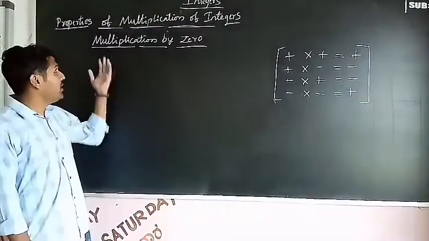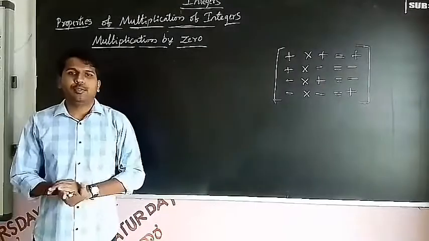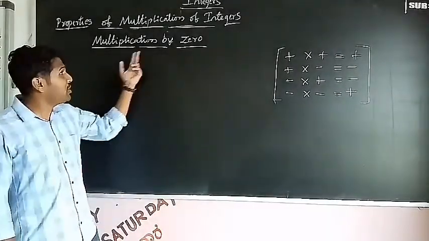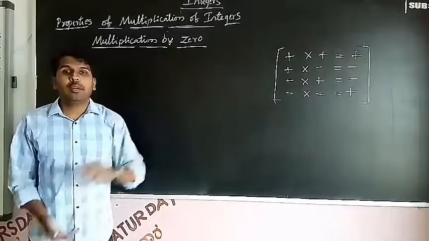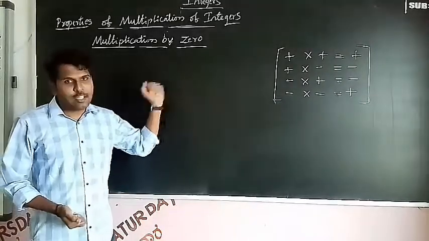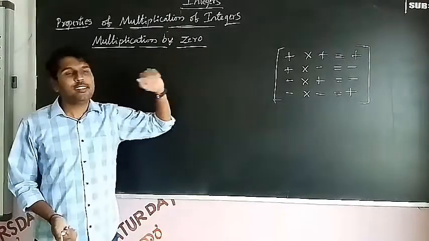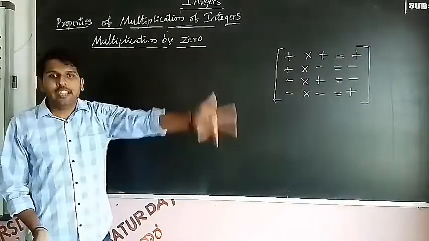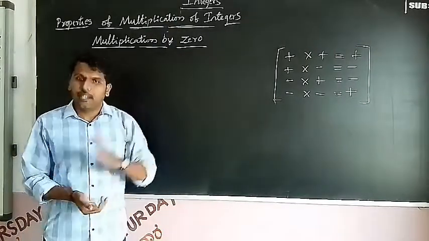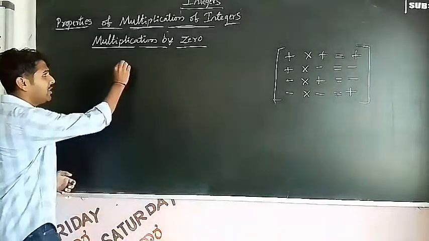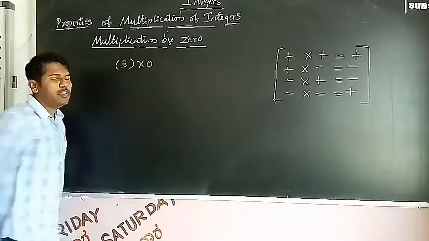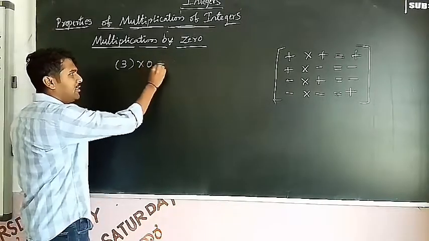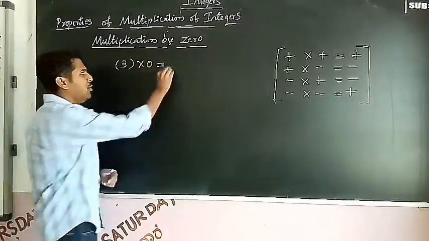The next property is multiplication by 0. You already know that for whole numbers, when you multiply 0 with any whole number, you get the answer 0, no? Like that for integers, when you multiply 0 with any integer, you get the answer 0 only. Take one integer and multiply by 0: 3 into 0, 0 only.